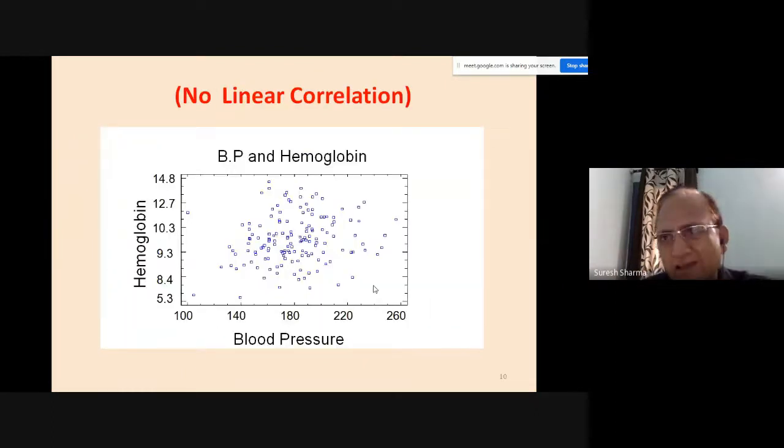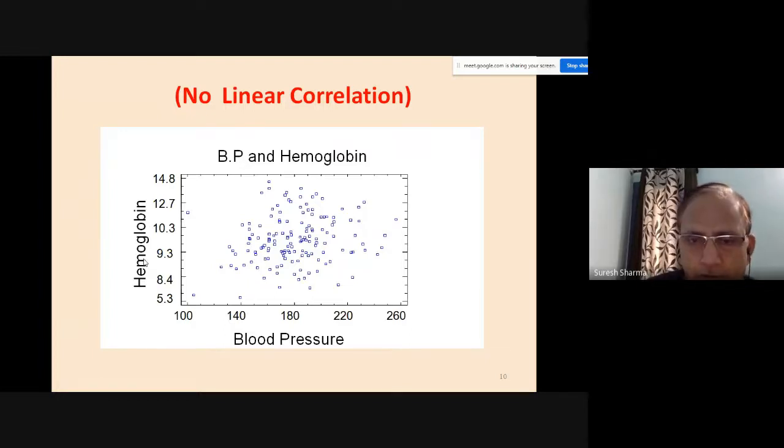Now look at this diagram. This is also a scatter plot. In this scatter plot, there is no linear trend. I cannot say points are increasing or decreasing. I cannot say points are lying along a curve also. So I can only rule out the possibility of a linear relationship between the variables. What are the variables? Blood pressure along the x-axis, hemoglobin, HB, along the y-axis.